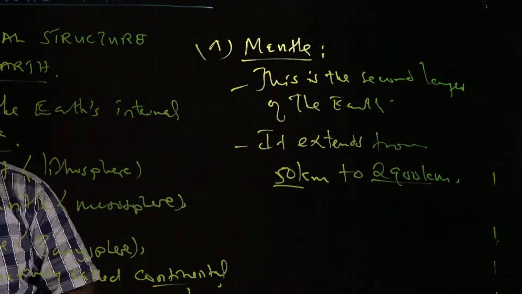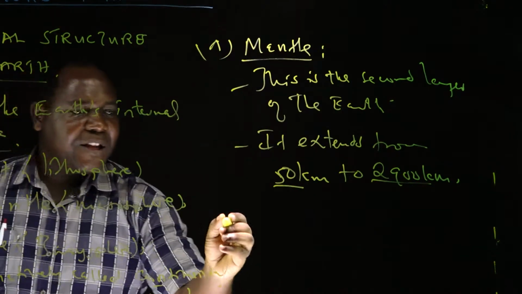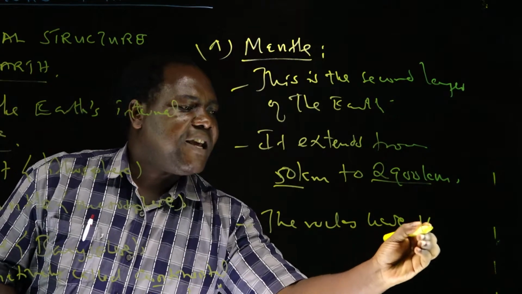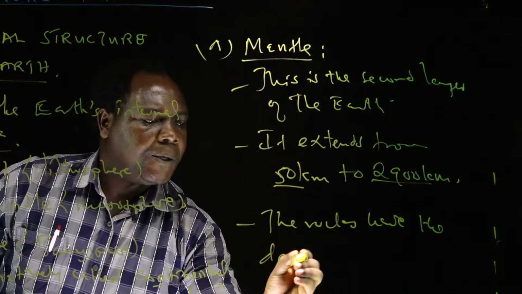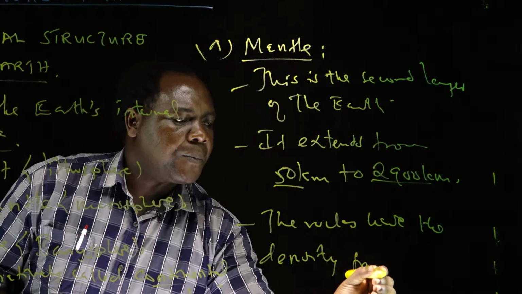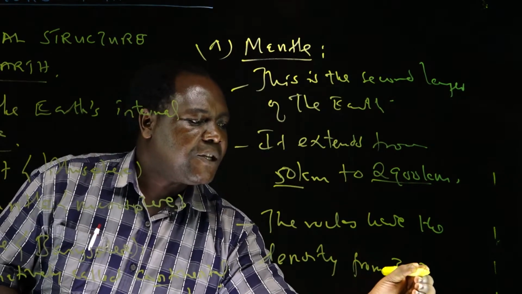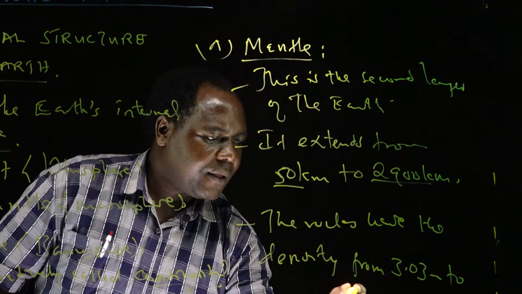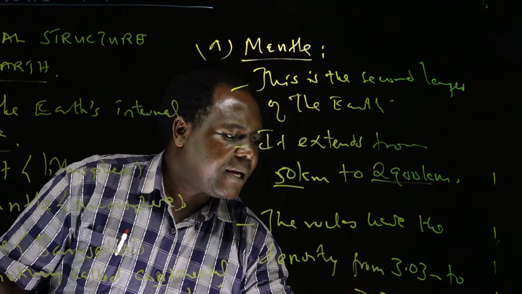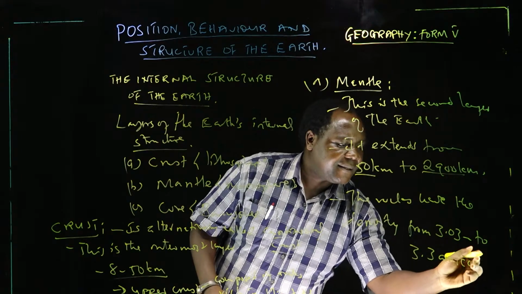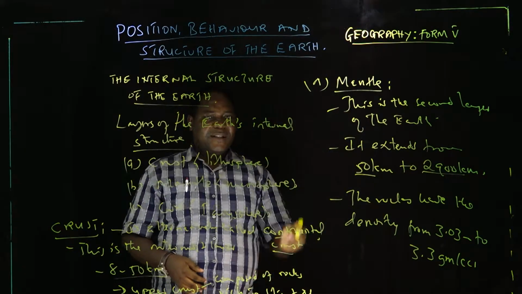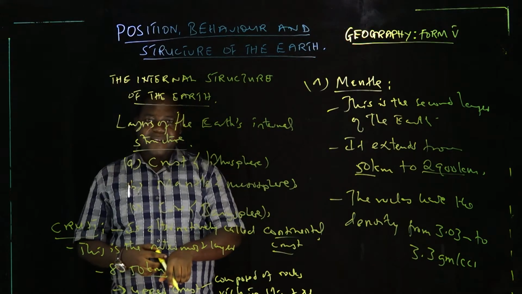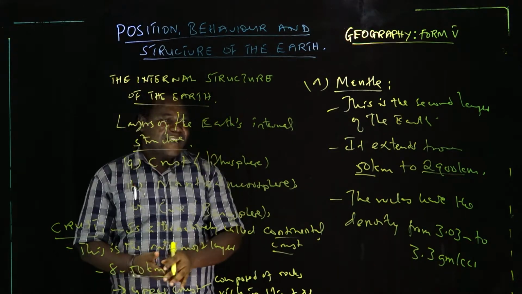And again, the rocks here have a density from 3.03 to 3.3 grams per cc, which means the mantle has heavier rocks compared to the earth's crust. That's why it lies below the earth's crust.